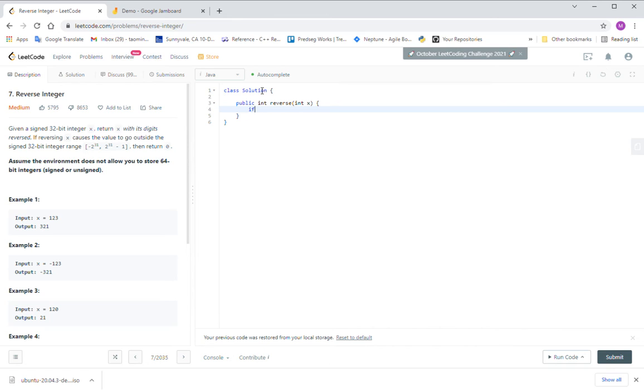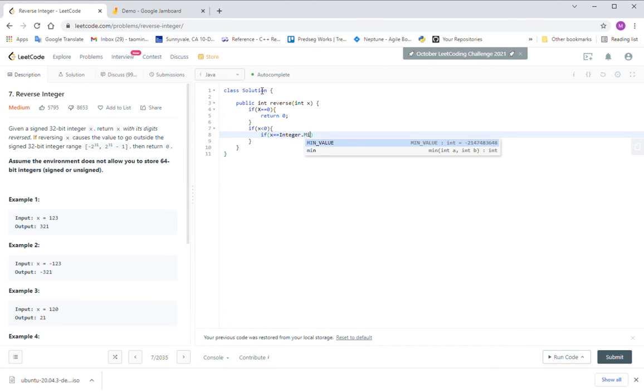If x is 0, we return 0, and if x equals the integer minimum value, return 0.